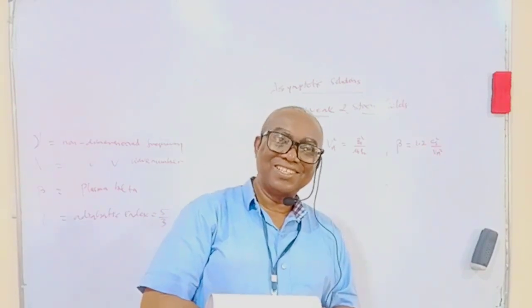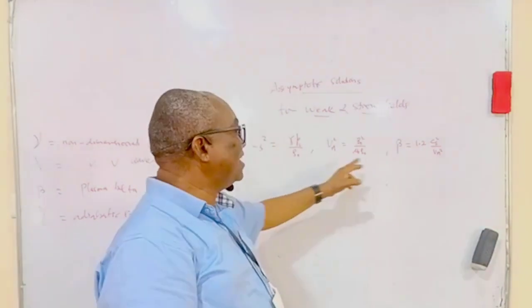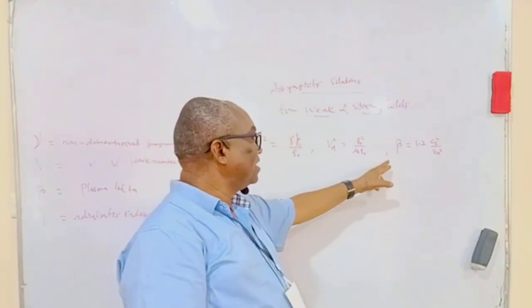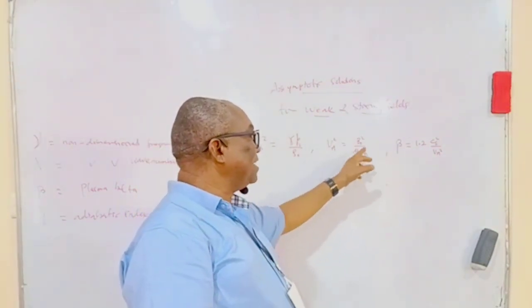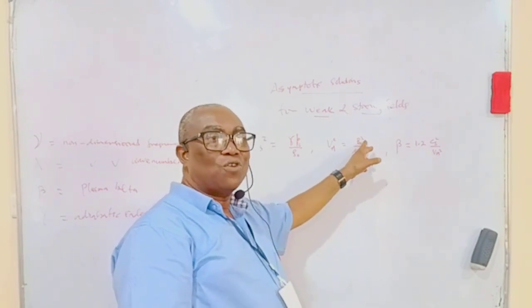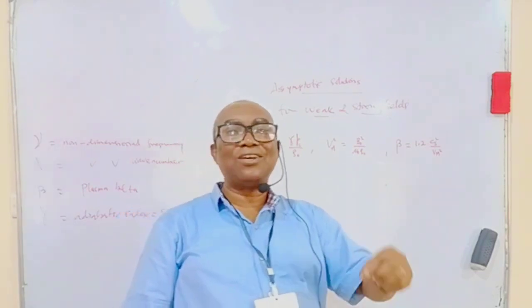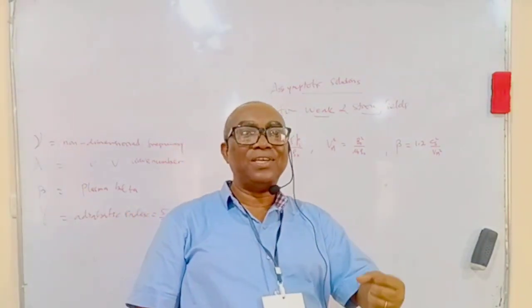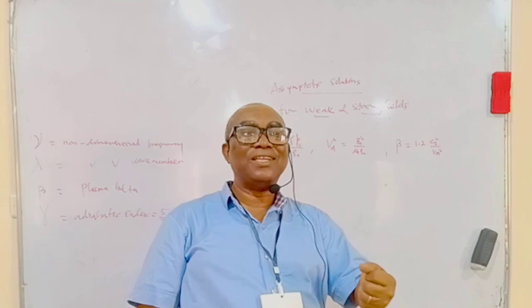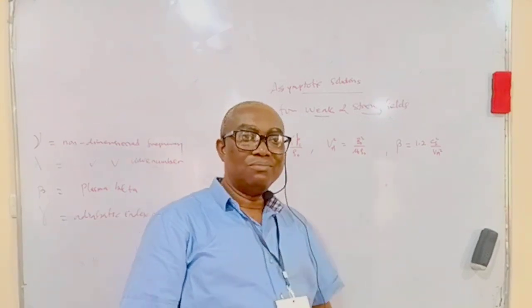Is it not? And then from them, you will see that VA depends on magnetic fields. So for us to look at the places or the layers of weak magnetic field and a strong magnetic field, it must depend on what? Beta.